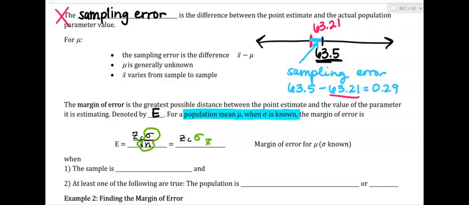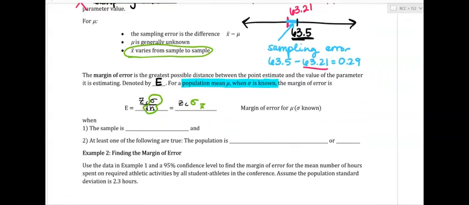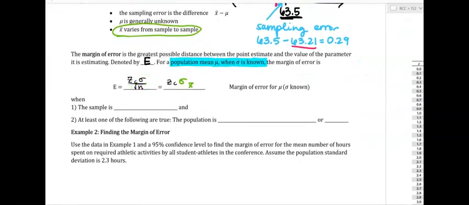Because remember, we just said the sample mean is going to be changing from sample to sample. We can use this formula for E, and we will be checking these conditions when the sample is, number one, random. We do need to have a random sample in order for this to be accurate. And one of the following conditions has to be true.